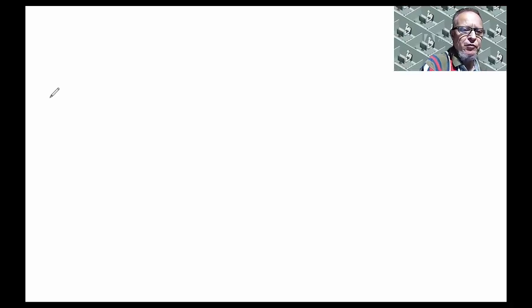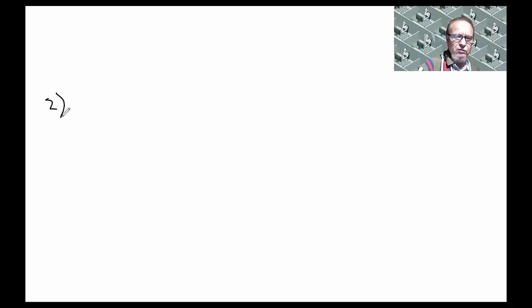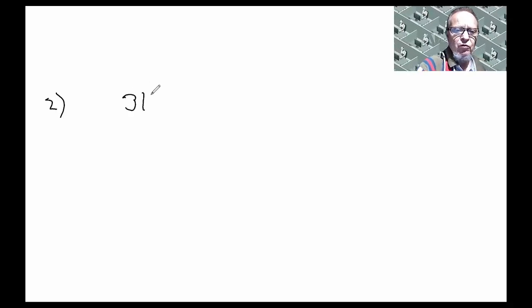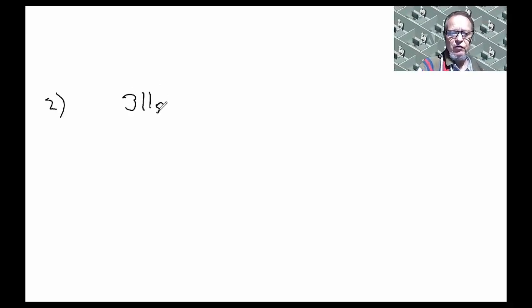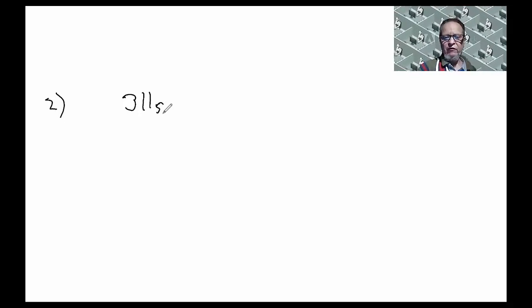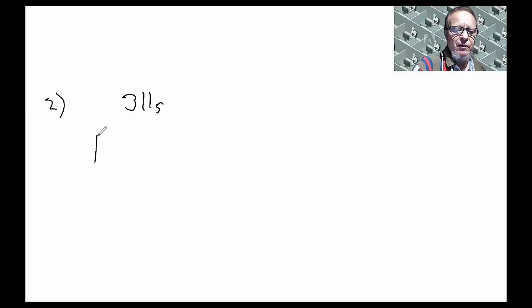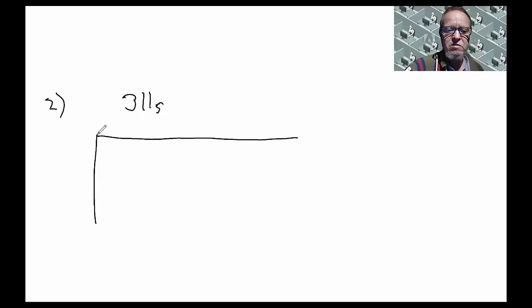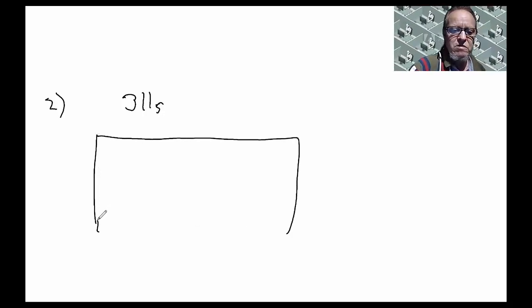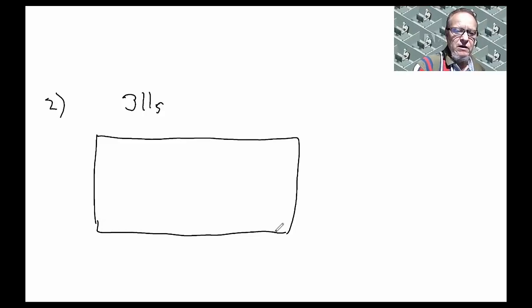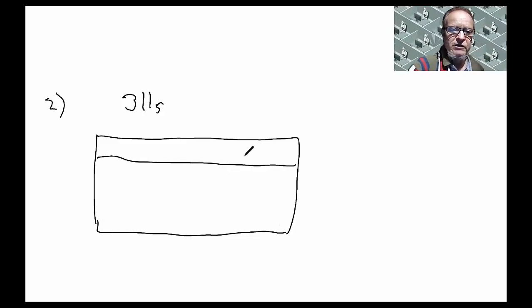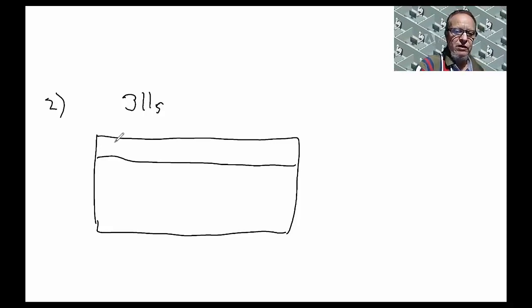In example number 2, using a table, we'll take 3, 1, 1, base 5, and notice I have to write a little 5 over there to remind me and to tell everybody that that is base 5. So again, I'll make a table. And in this case, my highest one is 1, 2, 3, so that's 5 squared.